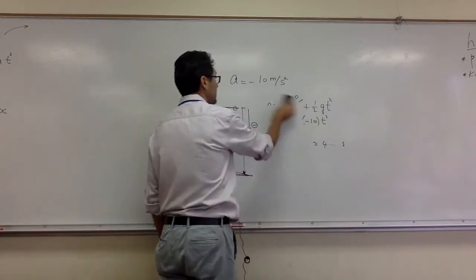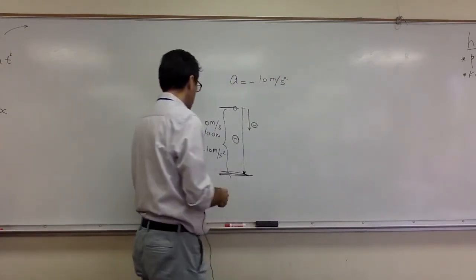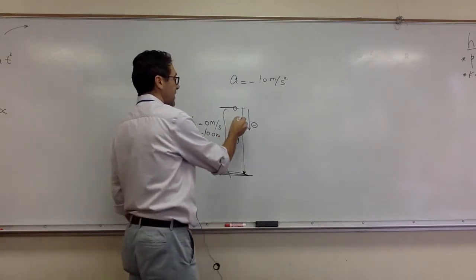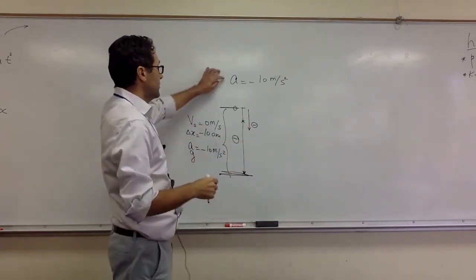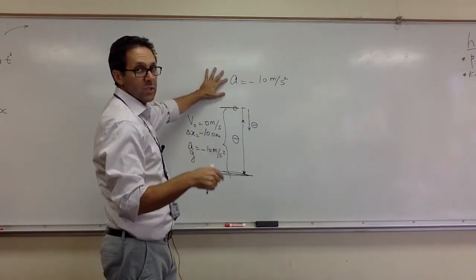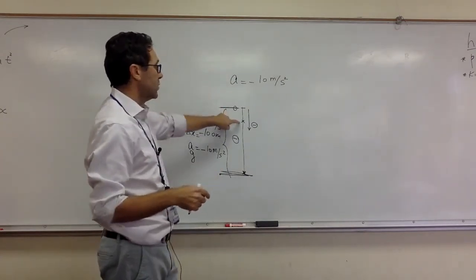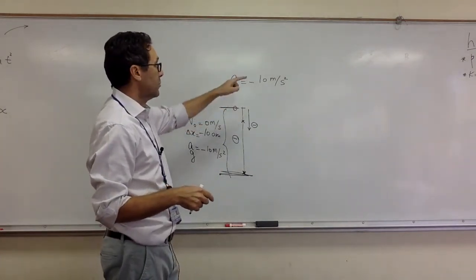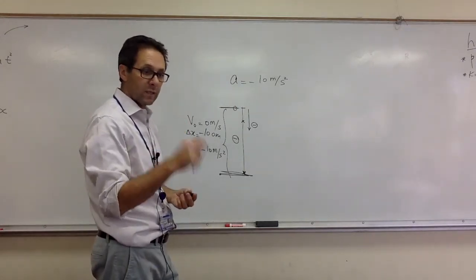Now let's look at some conceptual parts to this problem. If I want to figure out how fast I'm going after 1 second, all I have to do is think of the acceleration. The acceleration is 10 meters per second squared, or negative, it doesn't matter. So if I start from rest, it means after 1 second, I'm going to pick up an extra 10 meters per second in the negative direction.